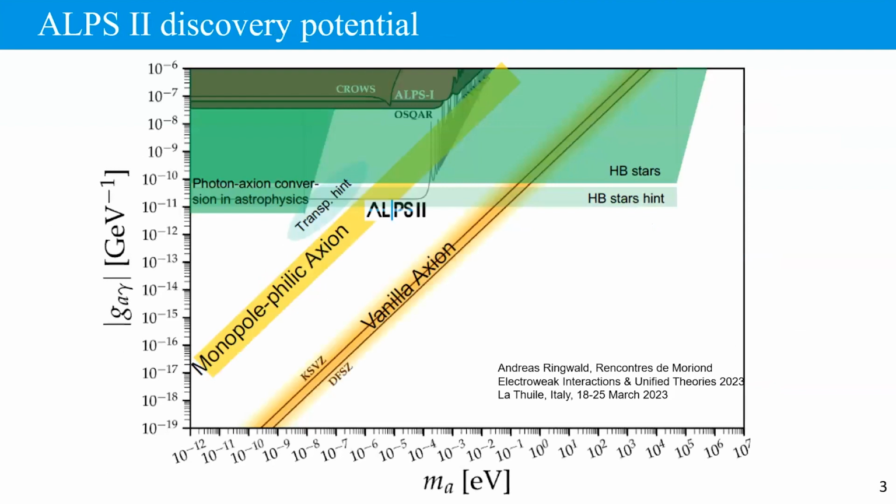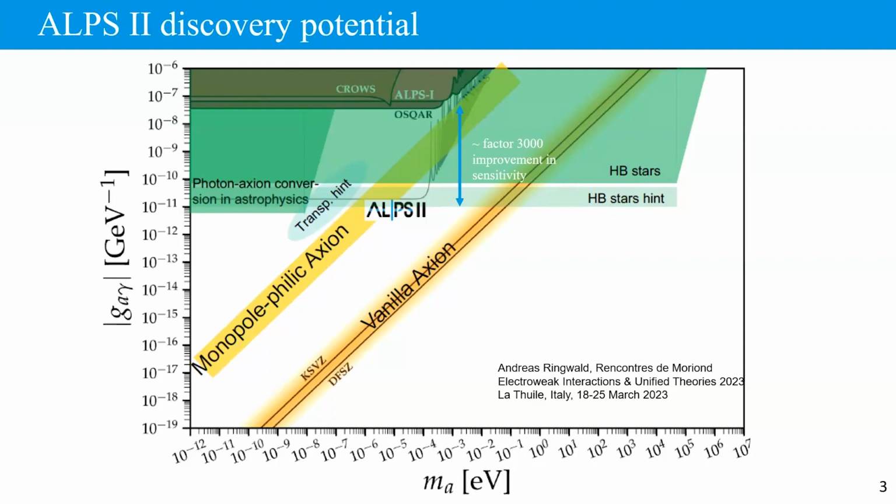Before going into the details of the light shining through a wall technique, let me briefly show you why we have built ALPS II. If you look at the sensitivity of ALPS I and compare it with ALPS II, we see that we improve the sensitivity by a factor of about 3,000.